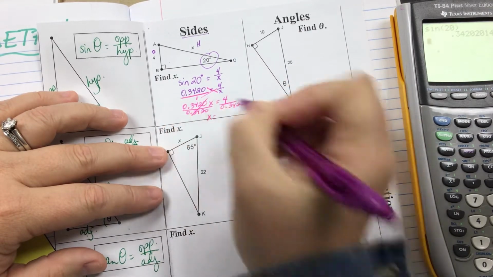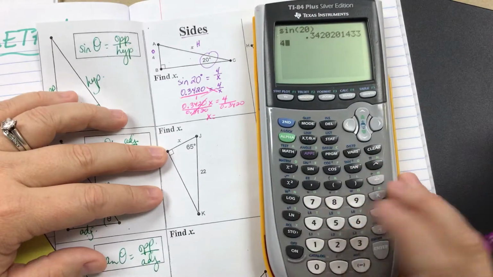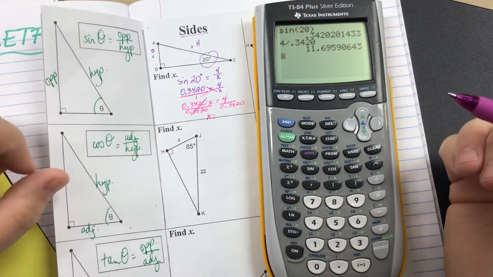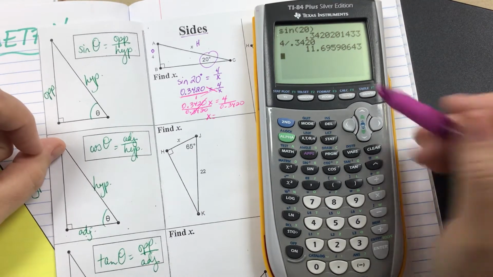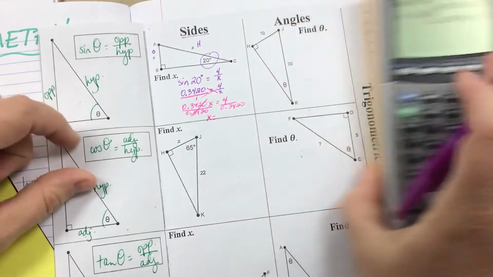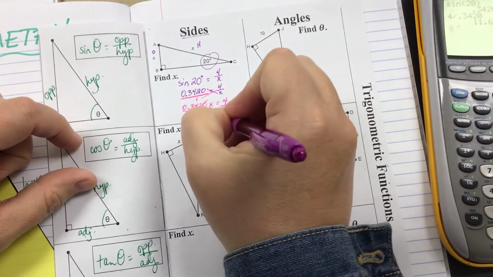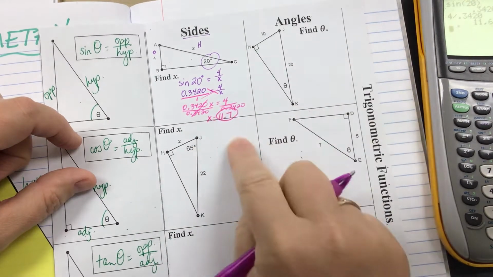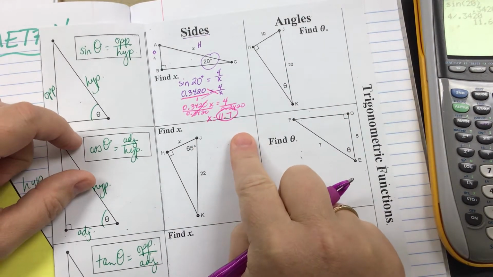If I grab my calculator and take 4 divided by 0.3420, and round to the nearest tenth, my answer would be 11.7. So I would say my missing side, or my hypotenuse, is 11.7 units long.